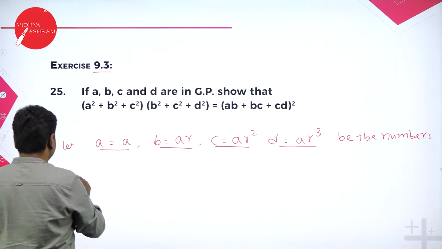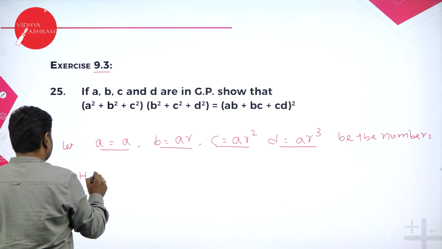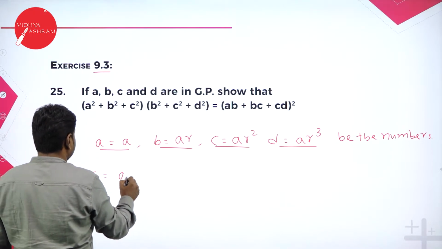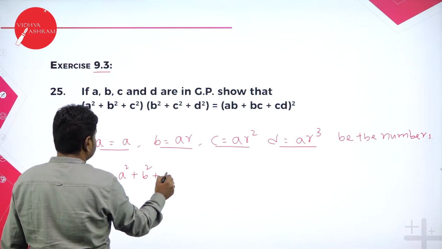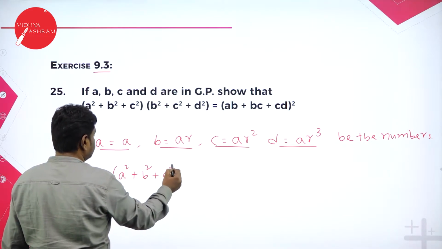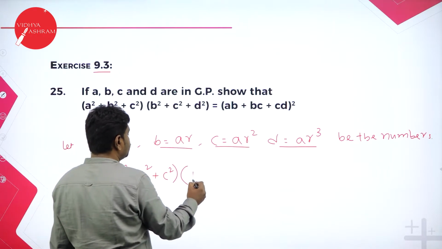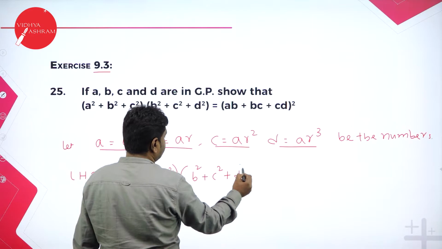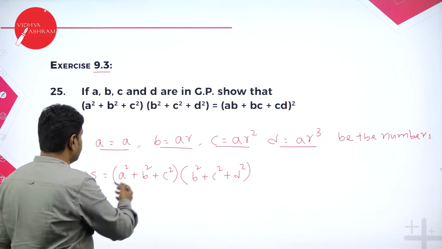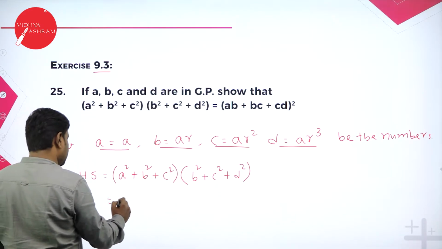Now we'll take LHS. So what is LHS? A square plus B square plus C square into B square plus C square plus D square. Now substitute A, B, C value. A is A, so it is A square.